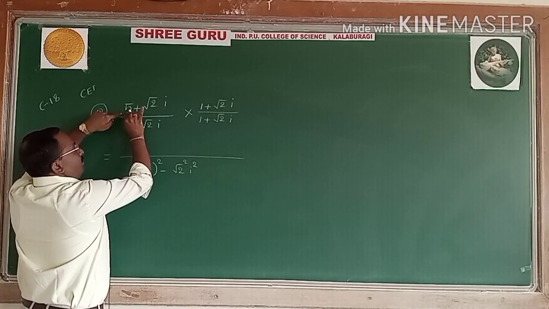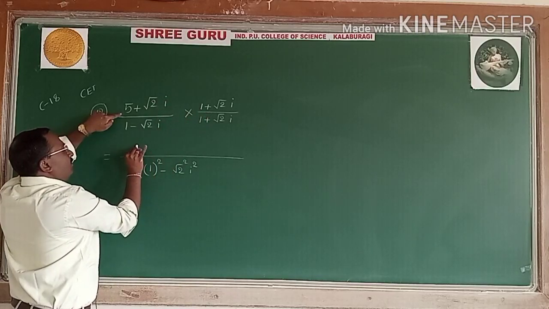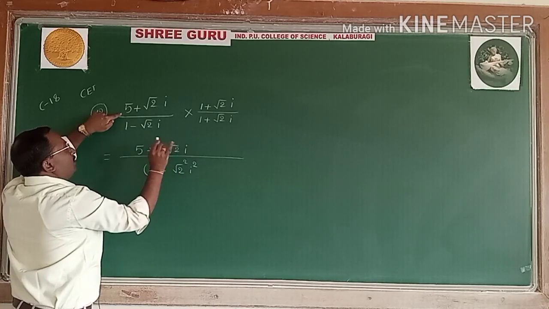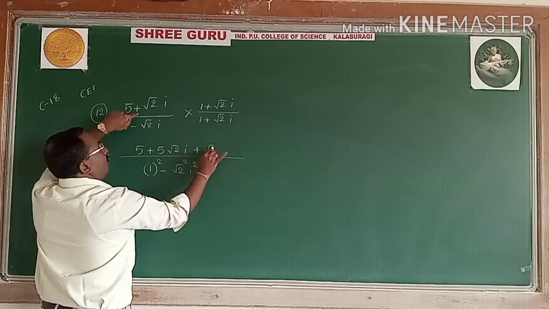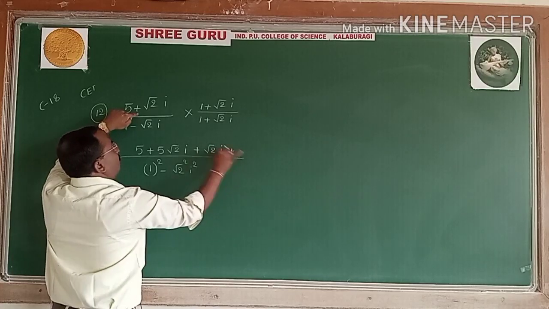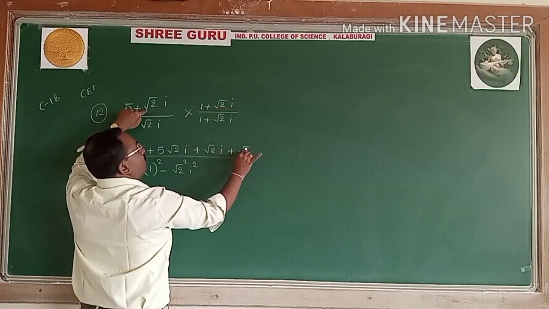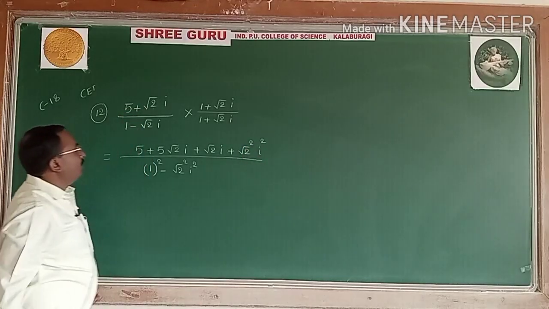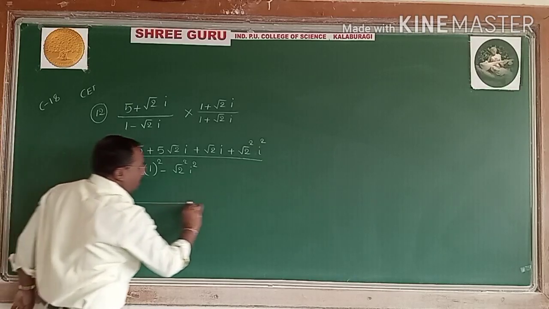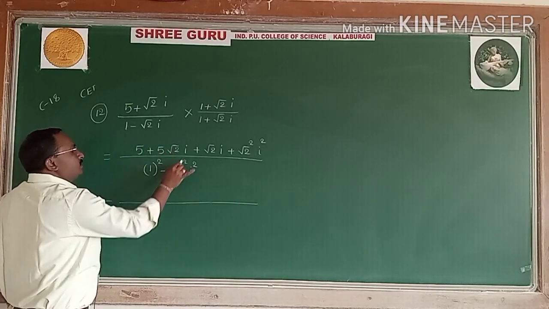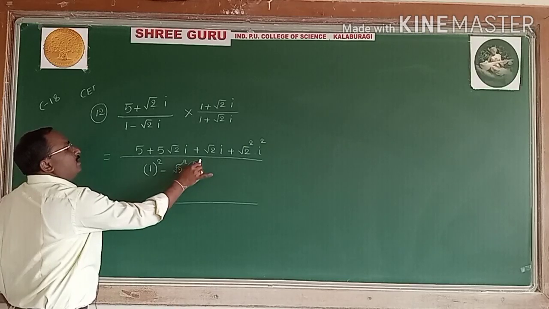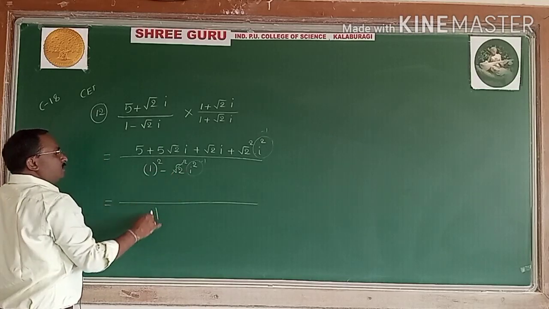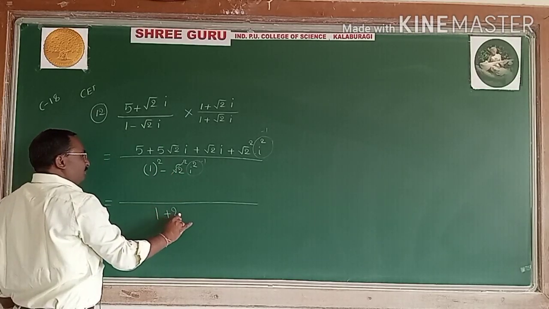Numerator, product of complex numbers: 5 into 1 is 5, plus 5 times root 2i, plus root 2i, plus root 2 square into i square. The denominator is 1 square, which is 1, and the square and root get cancelled. I square value is minus 1, so minus plus 2.